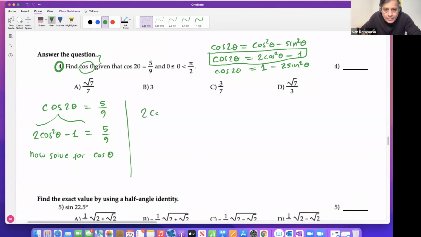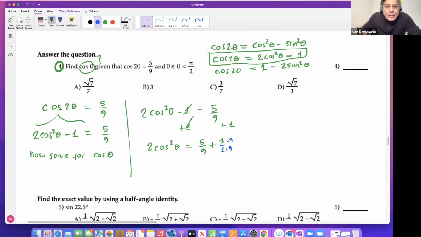I'm going to do that together. Adding 1 to both sides of the equation, we get 2 cosine square of theta equal 1 plus 5/9. Again, the LCD of 1 and 9 is 9.